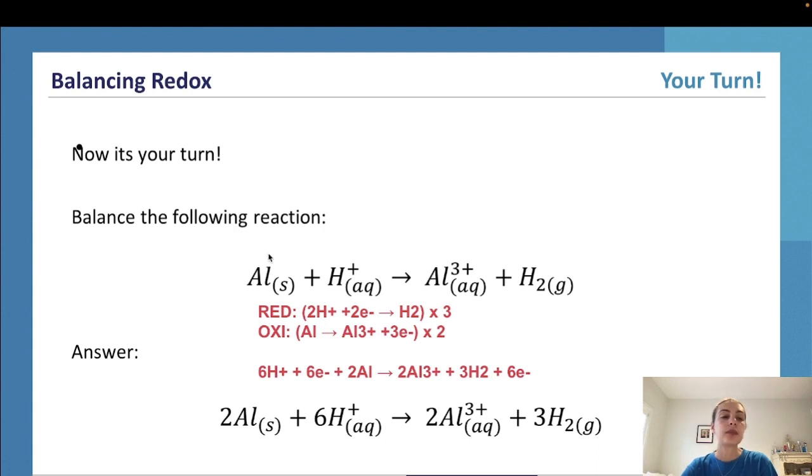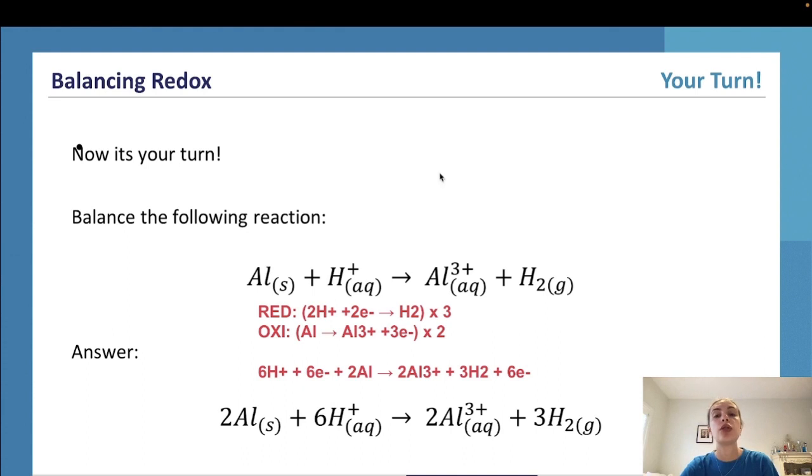So we've got aluminium, and it's going from 0 because we can see that it's solely made up of one element, aluminium. That's rule 1, and so it's going to have an oxidation number of 0.